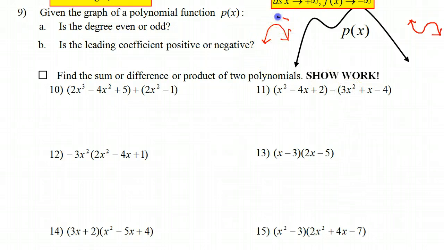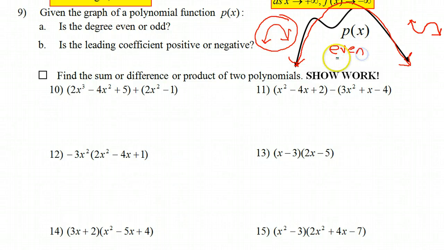Well, you see it has the end behavior of a parabola. Like I can almost just draw a parabola on it like this. So because it has the end behavior of a parabola, that's how I know that the degree must be even.